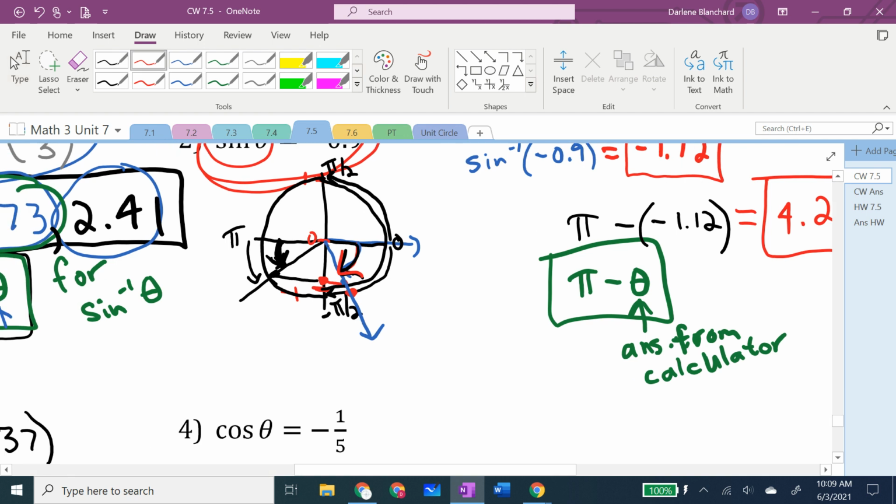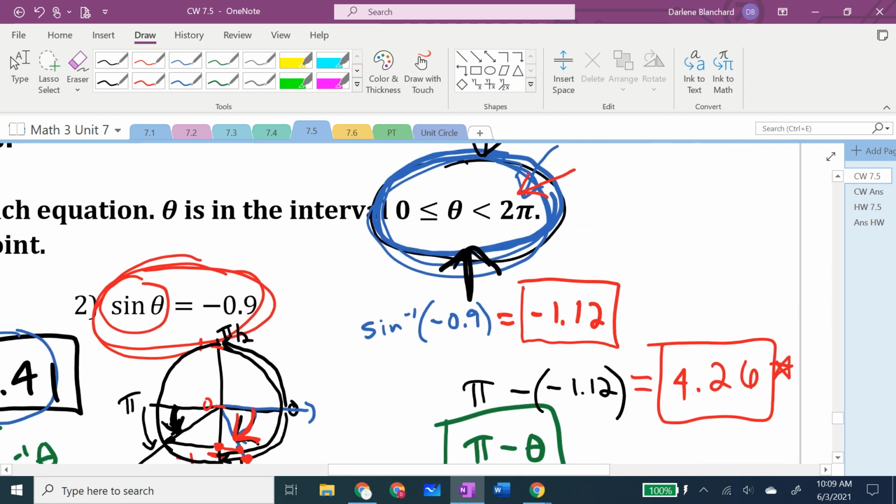So my calculator gave me this negative angle, and I'm requesting through these instructions for you to find the two angles when you make your first round in your positive angles around that unit circle.